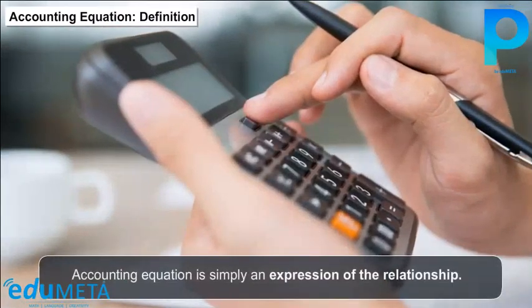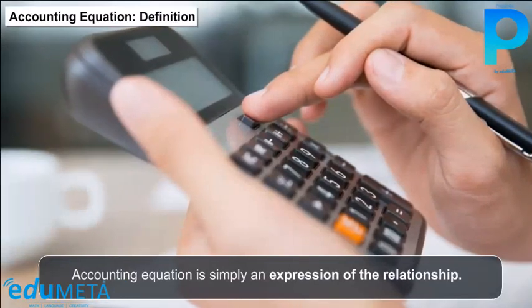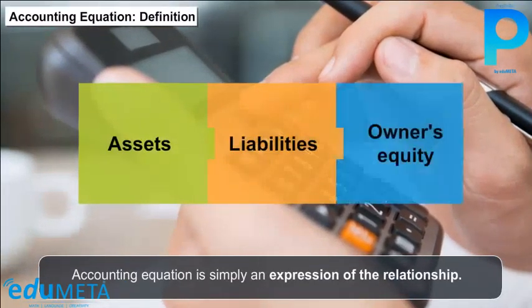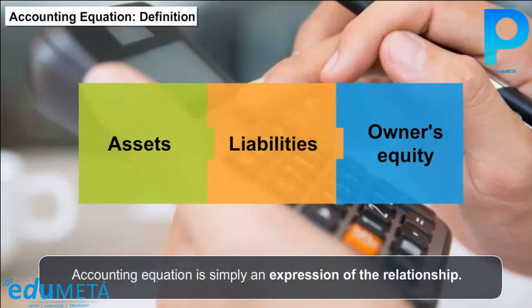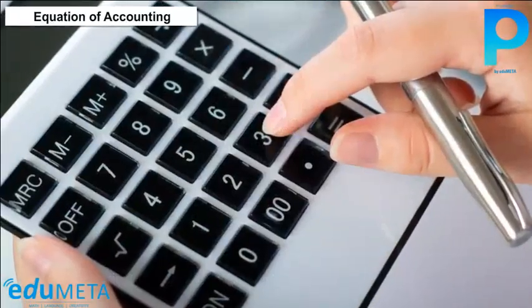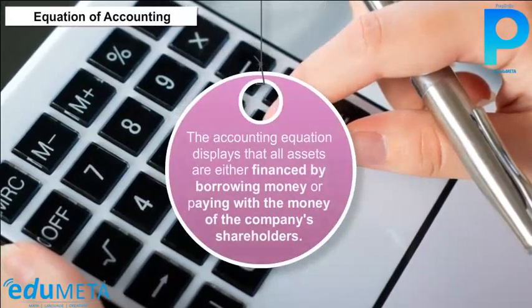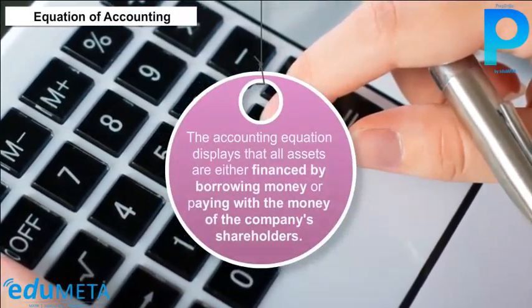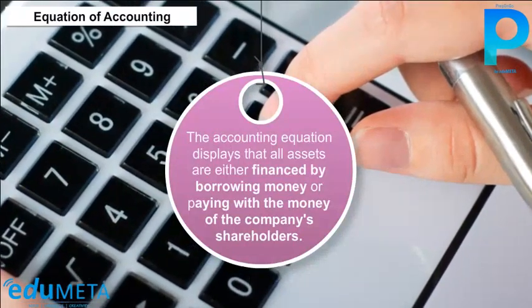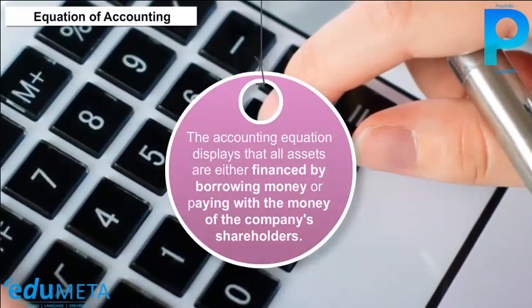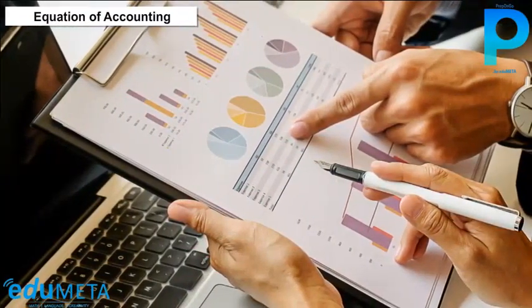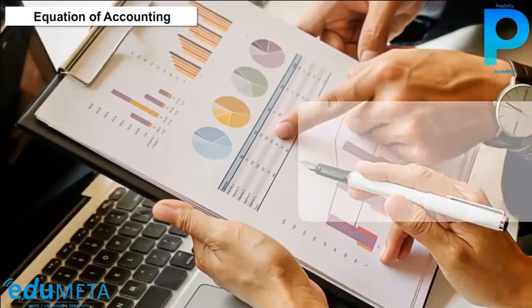It is simply an expression of the relationship among assets, liabilities, and owner's equity in a business. The accounting equation displays that all assets are either financed by borrowing money or paid for with the money of the company's shareholders. Thus, the general form of the accounting equation is given below.